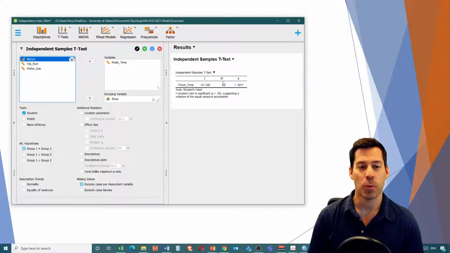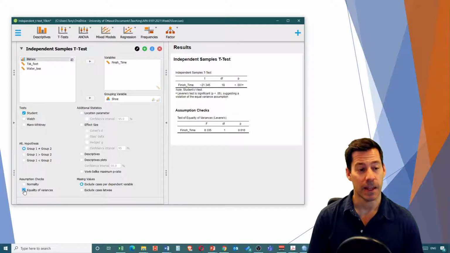And what we see is we get the same t ratio, -21, with our degrees of freedom of 18, and a p-value less than 0.001. So note, it's given us here, Levene's test is significant at less than 0.05, suggesting a violation of the equal variance assumption. So what we do is we can maybe click on this.